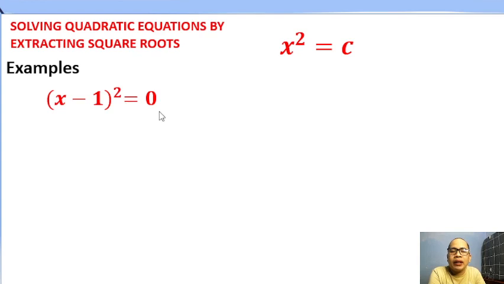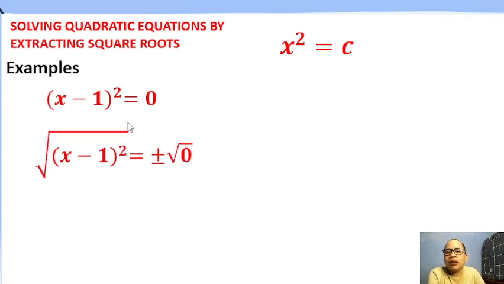By this time, it is already in this form, so our equation is already x squared equals c. What we will do is take the square root of both sides. We can cancel this square root and this squared. So, what is left is x minus 1 equal to 0. The square root of 0 is 0.